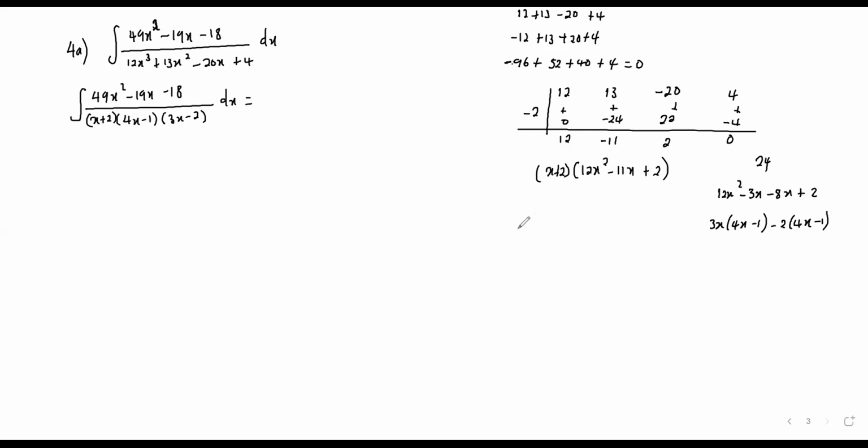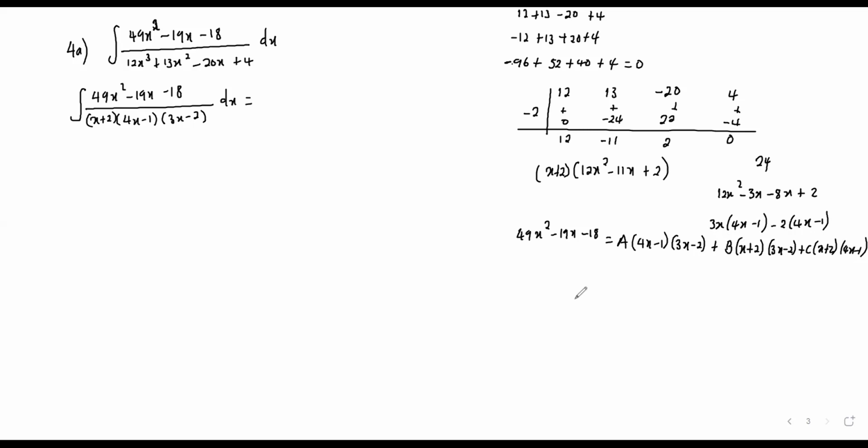So now this should be written as, first we keep the integral. Let's come back again. We write this as 9x squared minus 19x minus 18 equal to A multiplied by 4x minus 1 multiplied by 3x minus 2, plus B multiplied by x plus 2 multiplied by 3x minus 2, plus C multiplied by x plus 2 multiplied by 4x minus 1.